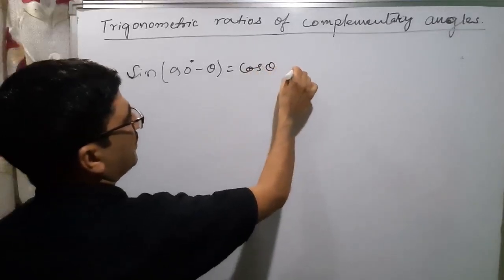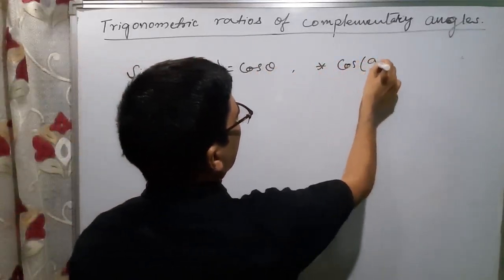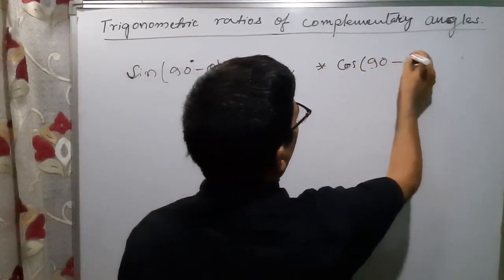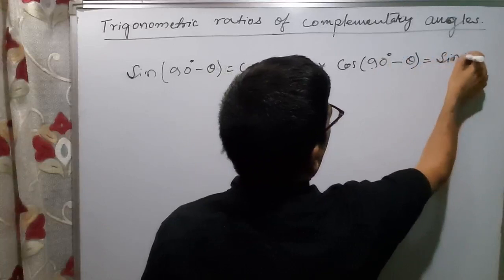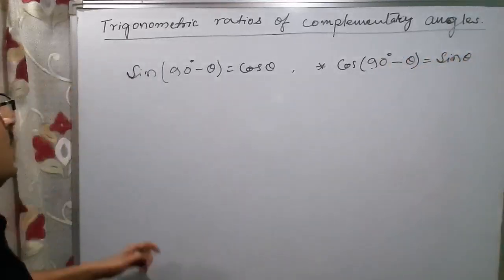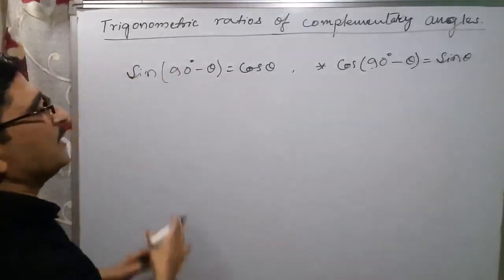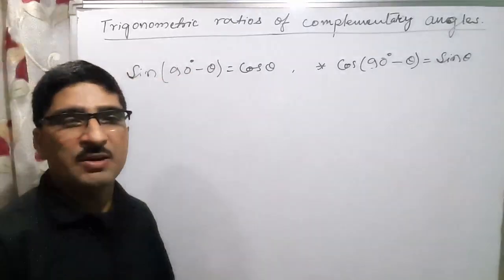That means you can write another one, cos of 90 degree minus theta is equal to sine theta. So here we have understood that sine and cos are in complementary relation.